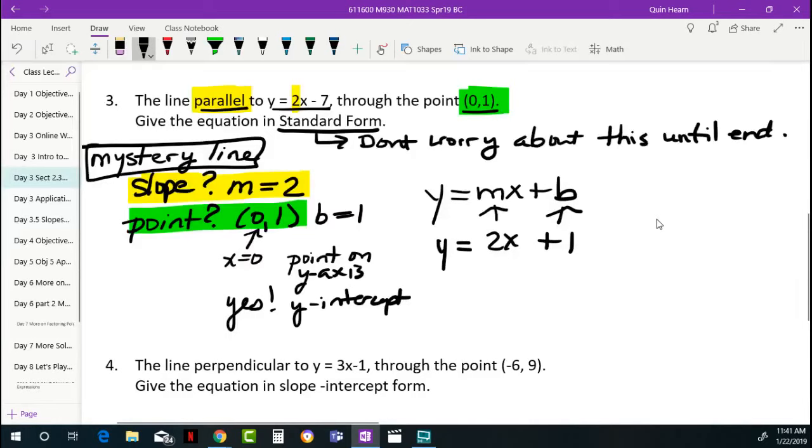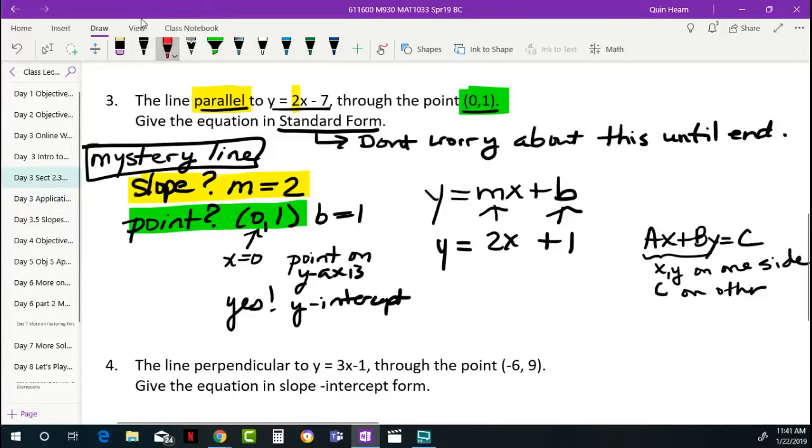To get it in standard form, we want ax plus by equals c. All that really means is we want our x and y on one side and our constant on the other. Getting from slope-intercept form to standard form is very easy.